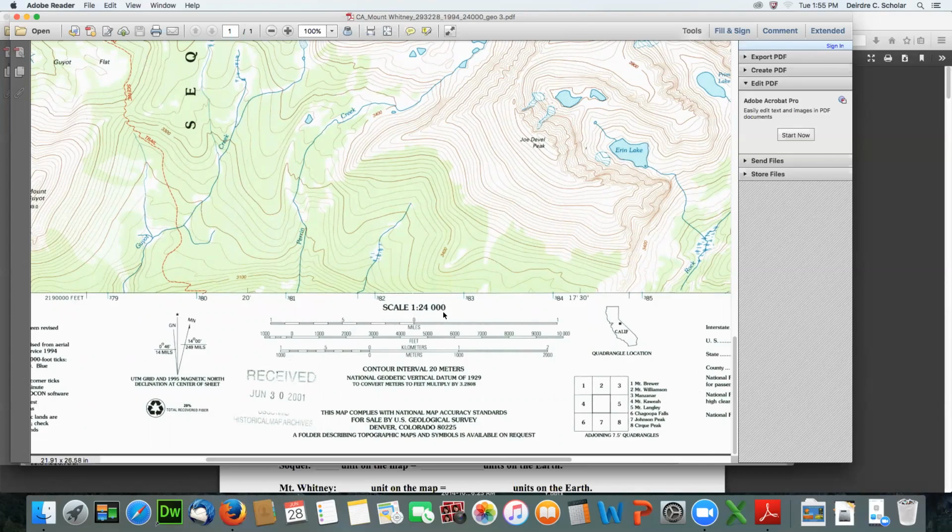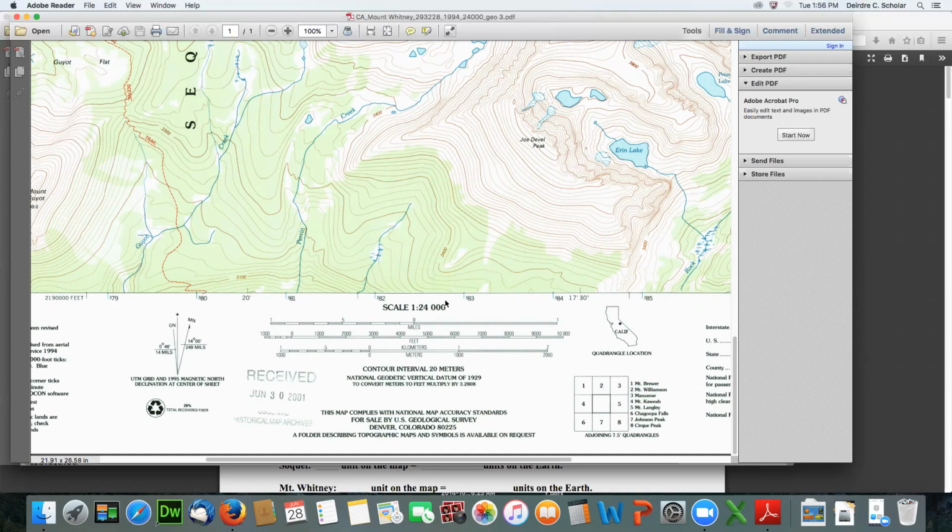But for right now, we're asking you what are the types of scale. So the first type is the fractional scale. And the second type are these calibrated bars. One is in units of miles, one is in units of feet, and one is in units of kilometers or meters. Those calibrated bars, of course, are referred to as graphic scales.